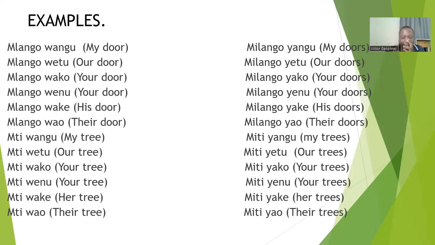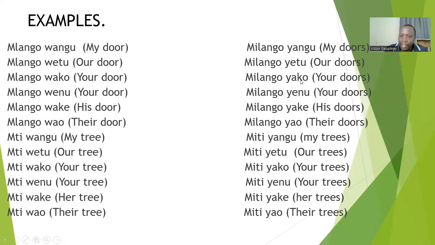Wako means you in singular. You know, you can be singular or plural. You can be you, a single person, or you, double or a group. But over here, ako means you, a single person. Mlango wako, your door. Then milango yako, your doors. It means your doors, where you is a singular person.